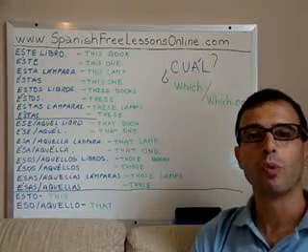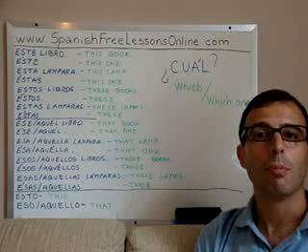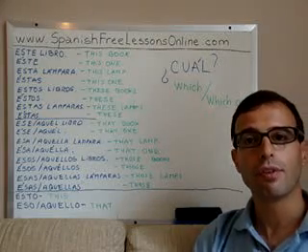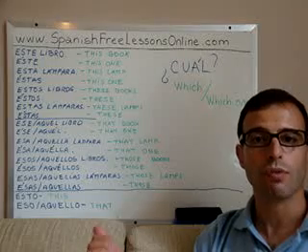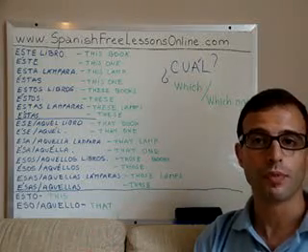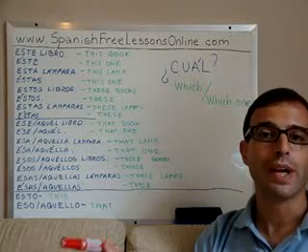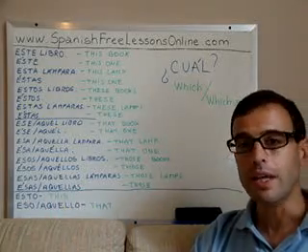You can see when the word is the same word, but has a different function, you can actually differentiate it by the tilde. Same case as the word tú, right? Tú or él. Tú means you, él means he.